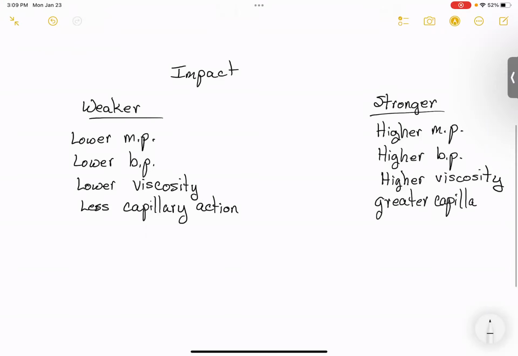But basically, capillary action occurs when a molecule drags along with it the next molecule, drags along with it the next molecule, and so on and so forth. So the stronger those intermolecular forces are between those molecules, the easier it's going to be to drag that molecule up with it. And so you would expect greater capillary action.